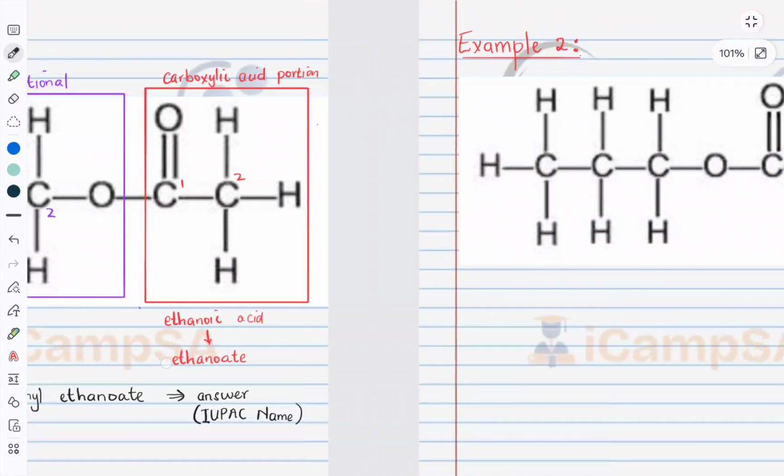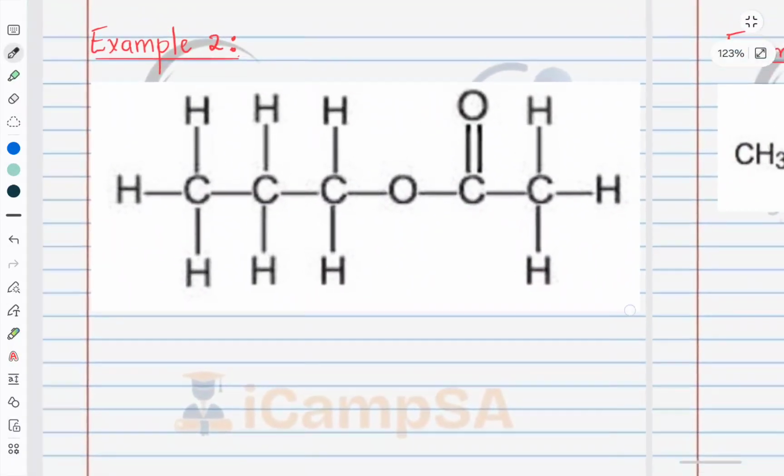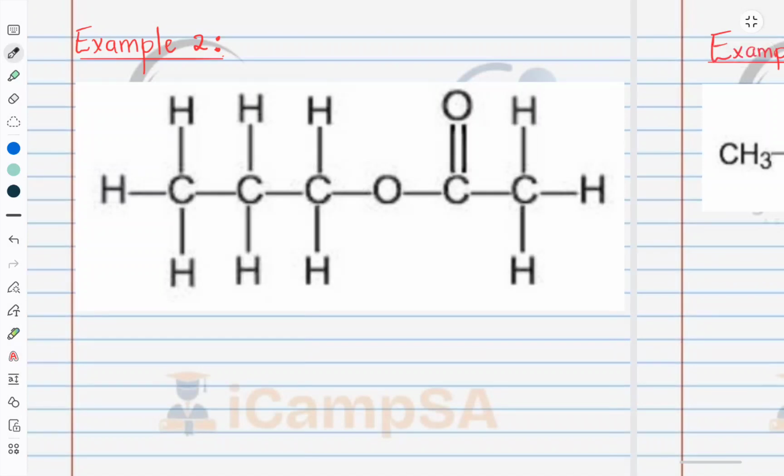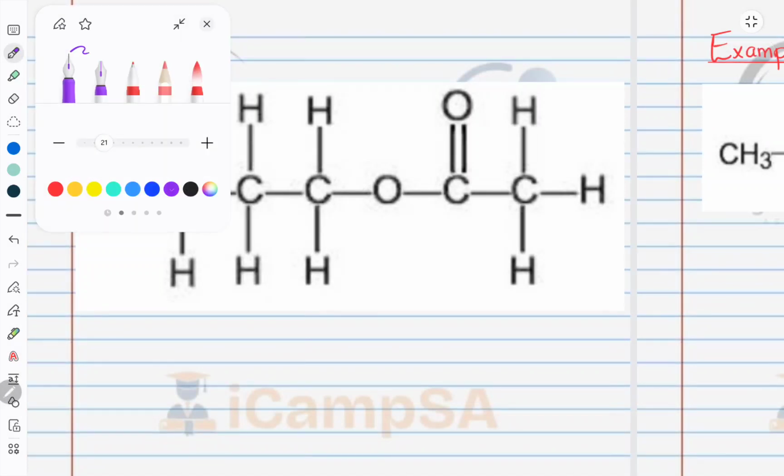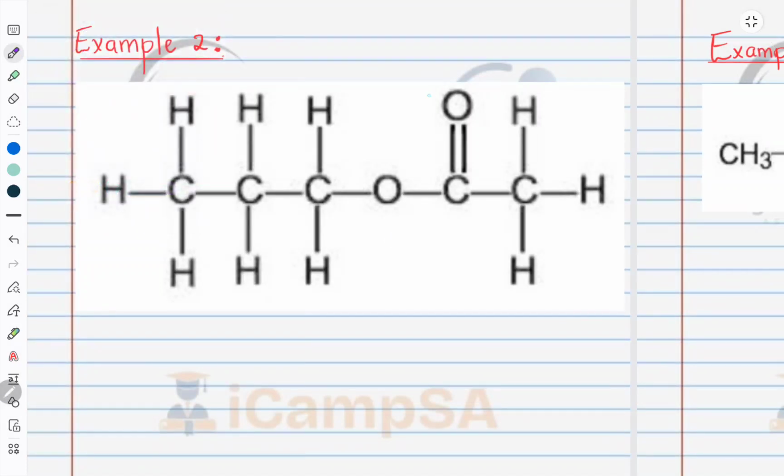Now let's check example number 2. Again, we have to go to where the oxygen atom is and we split from there. So from here, we cut it here, right?